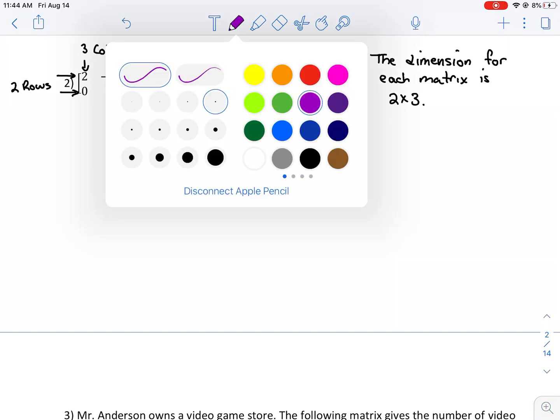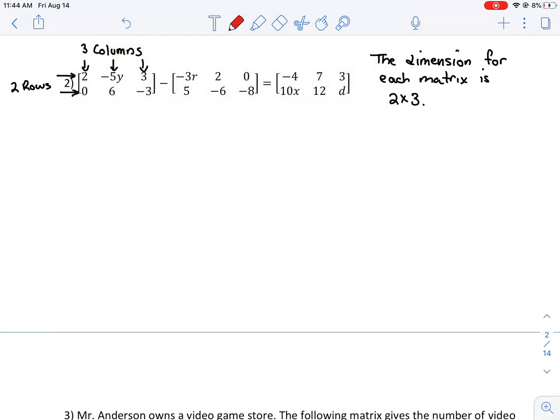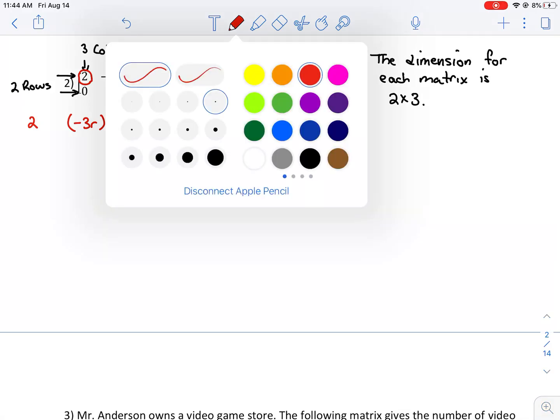Starting with the 2 in the top left-hand corner, that corresponds to the negative 3r, which corresponds to the negative 4. So 2 minus negative 3r is equal to negative 4.